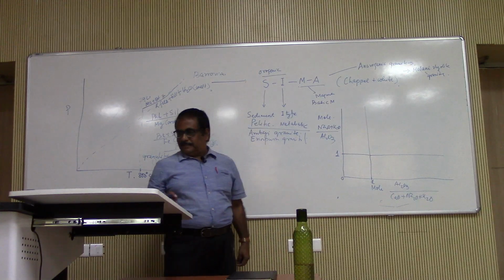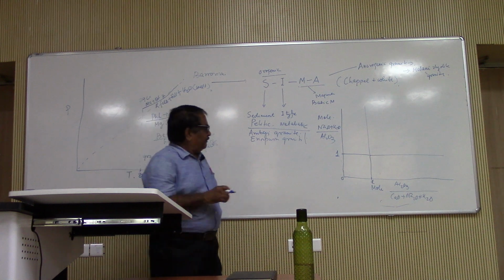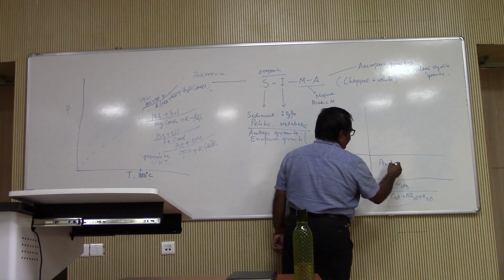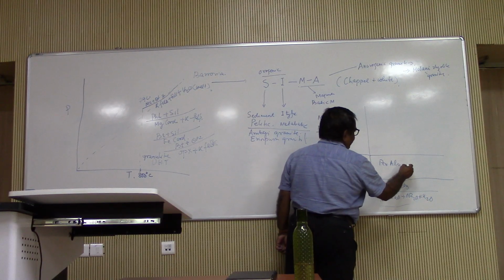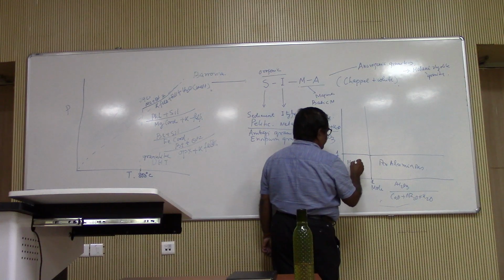There will be 4 fields. ये फील्ड को आप लिखो और aluminous. For aluminous, this is meta-aluminous.